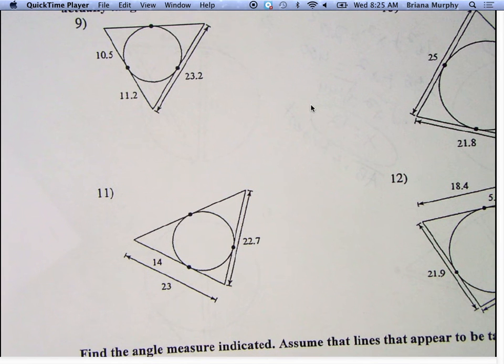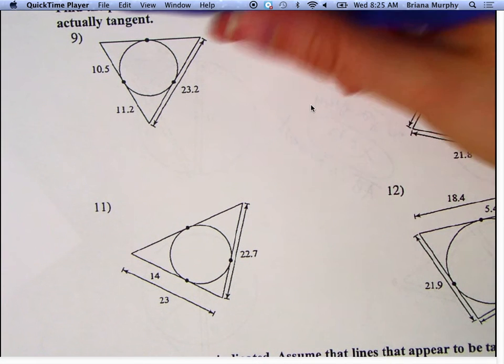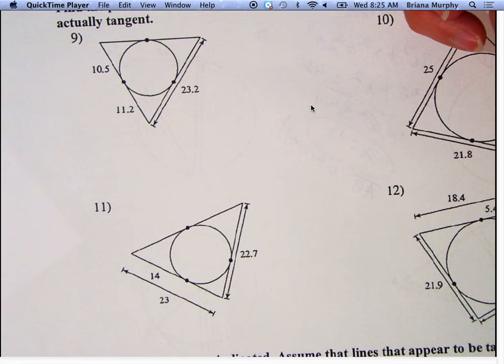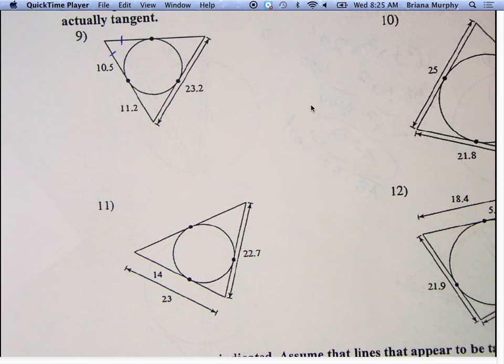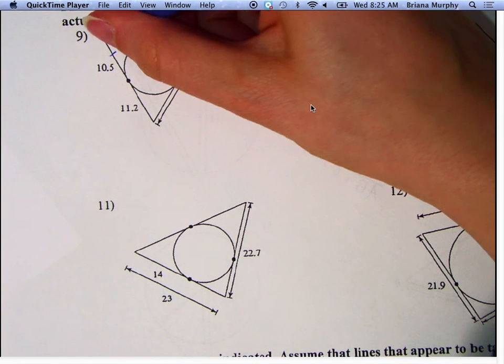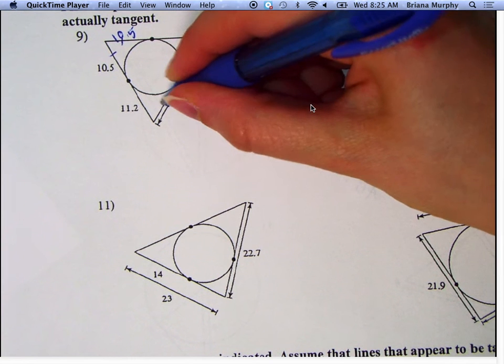All right, find the perimeter of each polygon. Assume that the lines that appear to be tangent are actually tangent. So we have to find all of these missing sides. So remember, these two sides have to be congruent. So this has to be 10.5, right? I know this has to be 11.2.